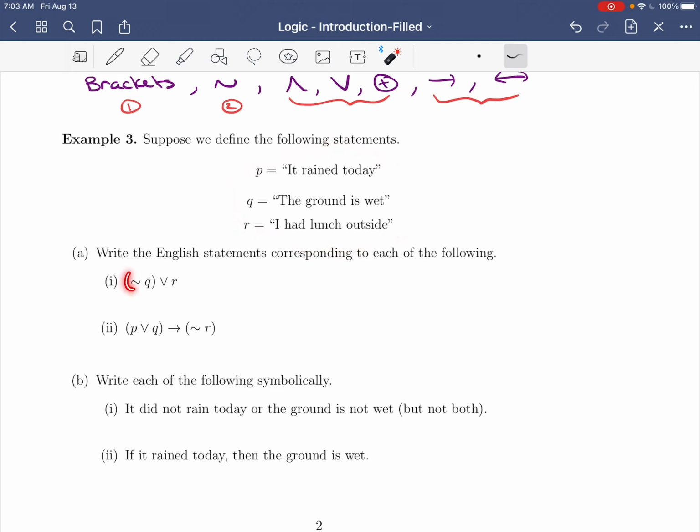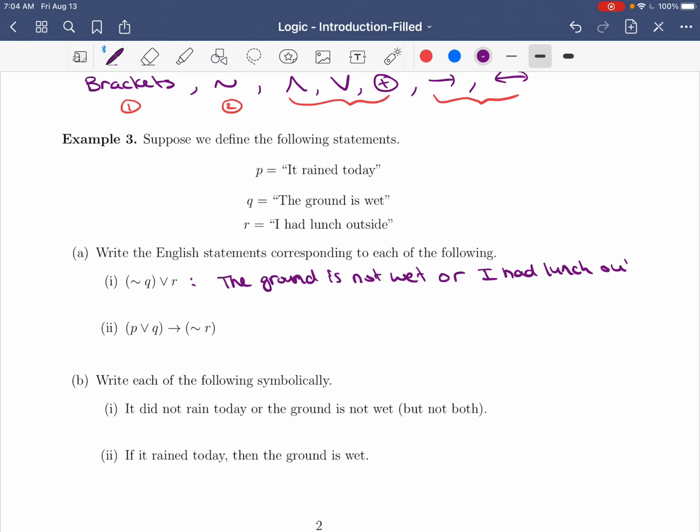So we want not Q or R. Okay, so not Q would be the ground is not wet. And then this statement here is the or statement. So or R, I had lunch outside. Okay, so we have this not, and we also have this or.